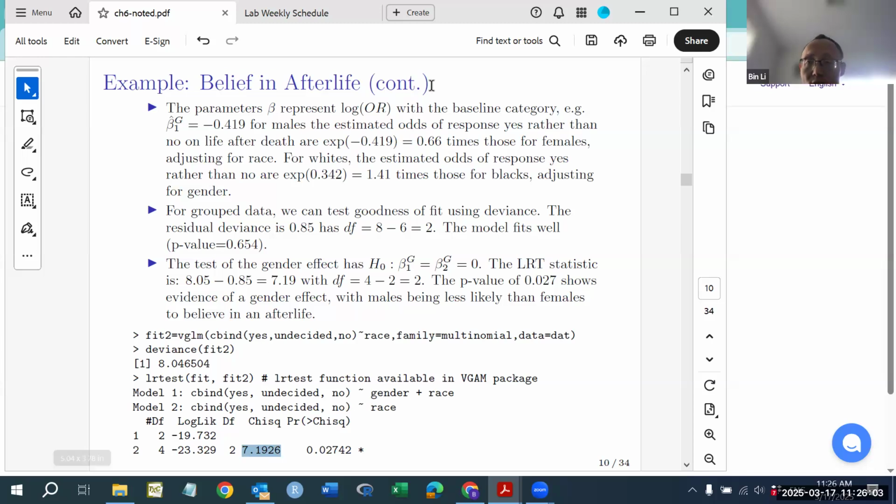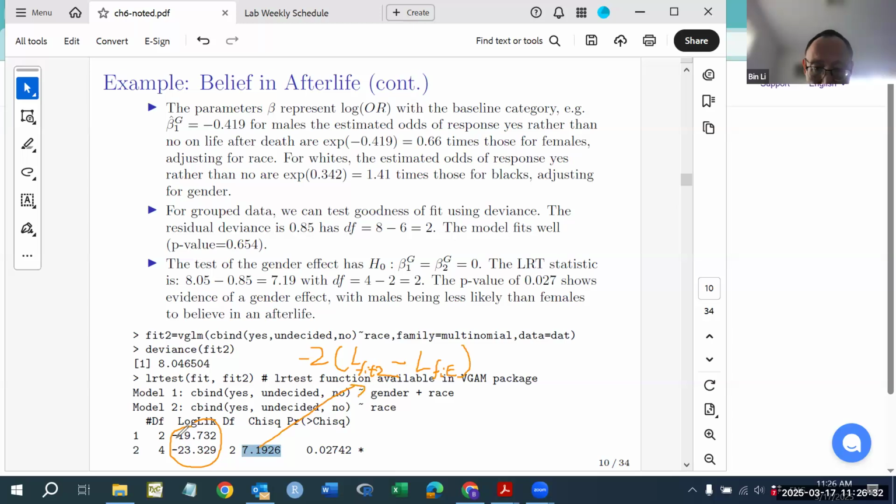Okay, I see. How do we get this? To calculate it, it's minus 2 log likelihood from the fit 2 minus the log likelihood from the fit. Okay, so that's how we get this.